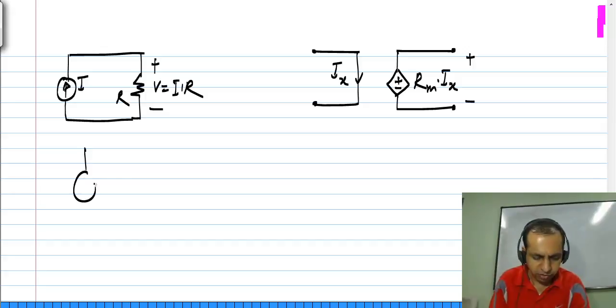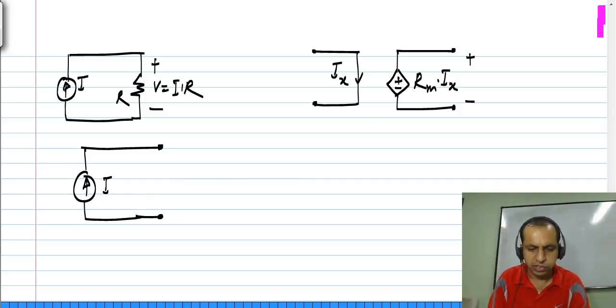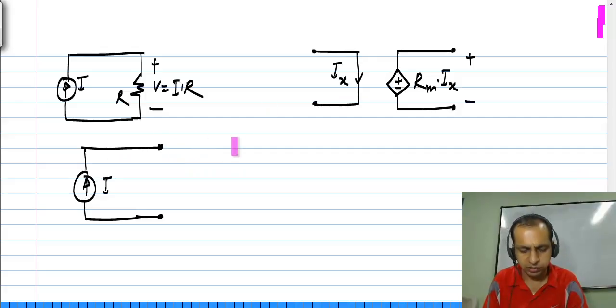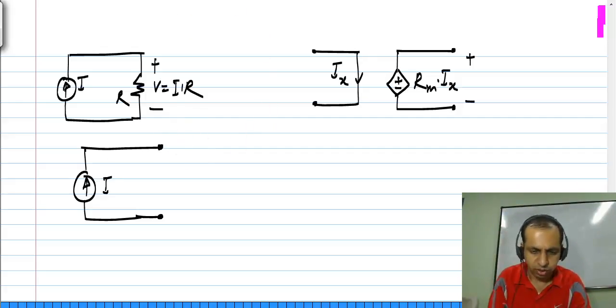Let's say I have a current I. I must sense this current, that is, I must place this controlling branch in series with this. So I will show it like this.